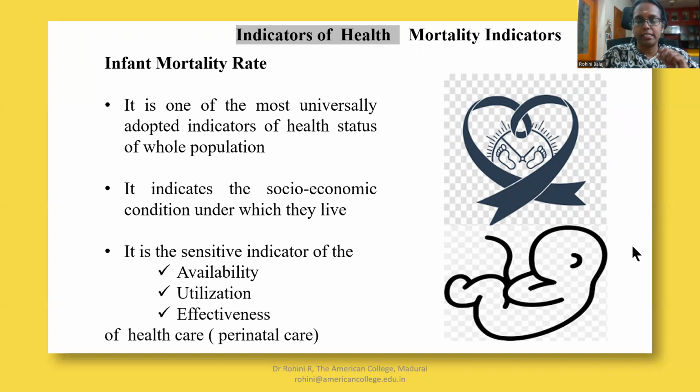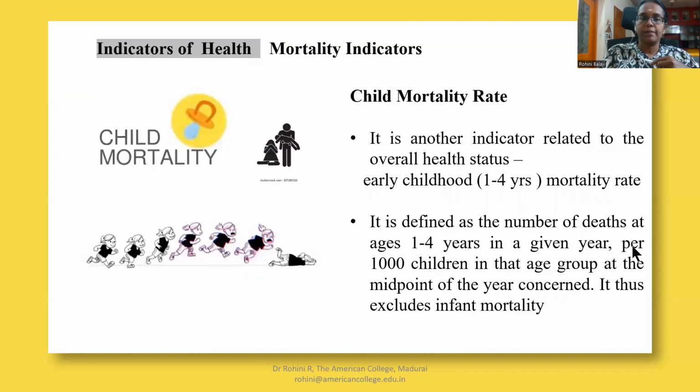It indicates the socio-economic condition under which people live. It is a sensitive indicator of the availability of the healthcare system, and the utilization and effectiveness of healthcare in the aspect of perinatal conditions.